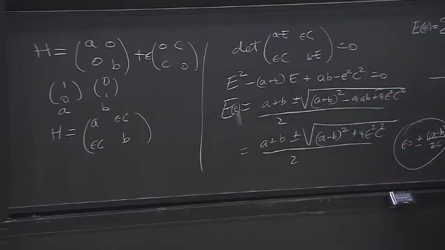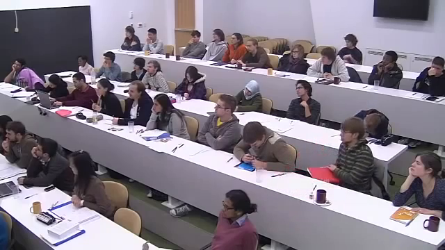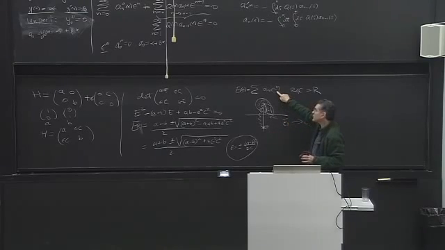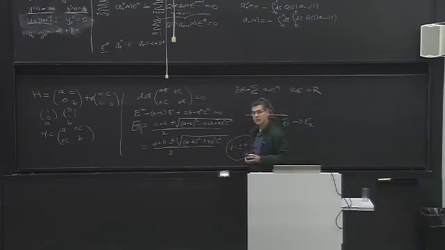People fight about this, but some people call these exceptional points. These are the points that determine the radius of convergence of the perturbation expansion. The radius of convergence of this perturbation series is precisely |A minus B| over 2C. That's the radius of convergence, a positive number.